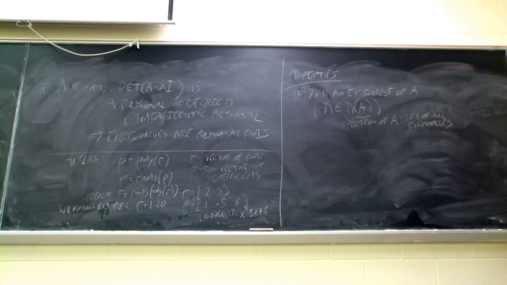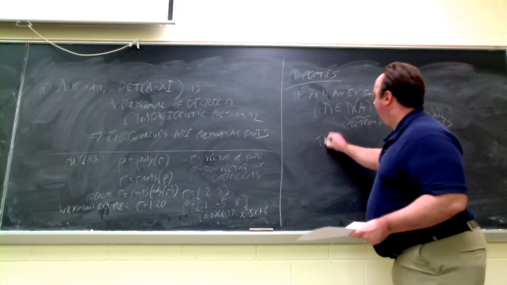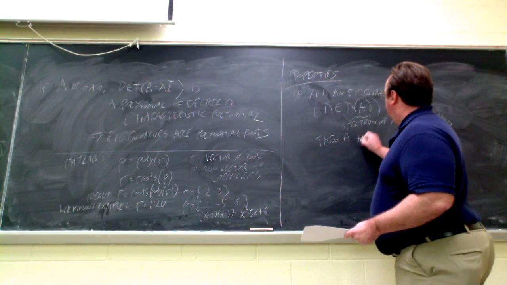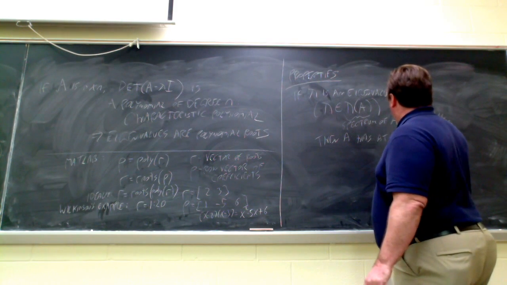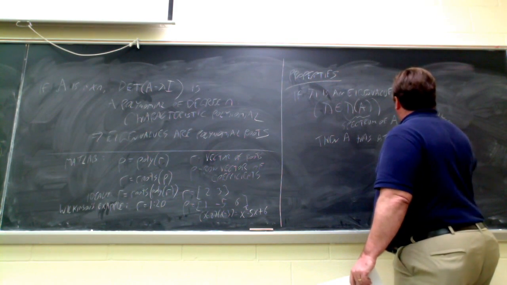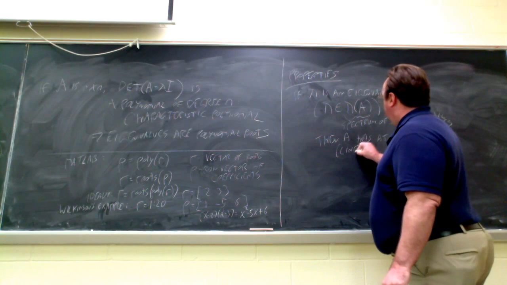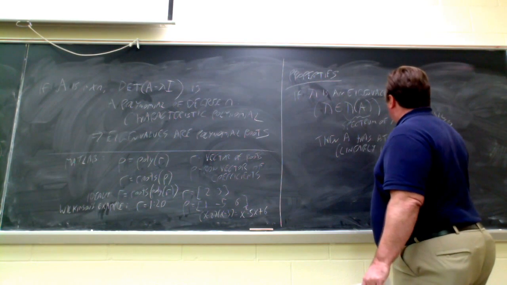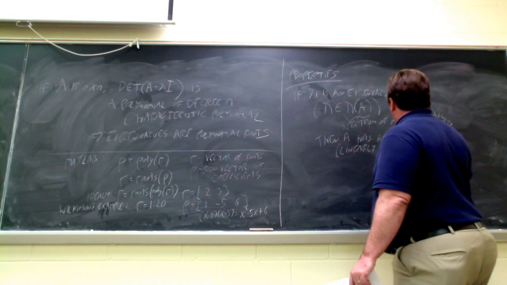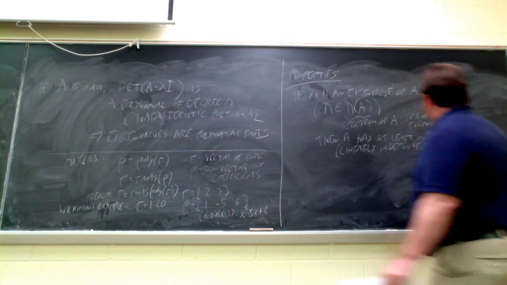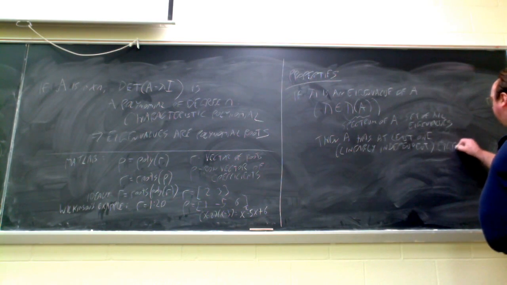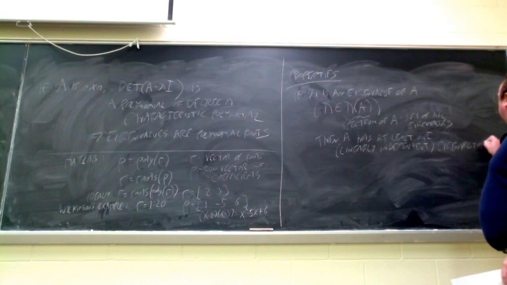So you'll see often the spectrum or spectral, that word being used in association with eigenvalues. Okay, so if lambda is an eigenvalue, then your matrix A has at least one linearly independent eigenvector.